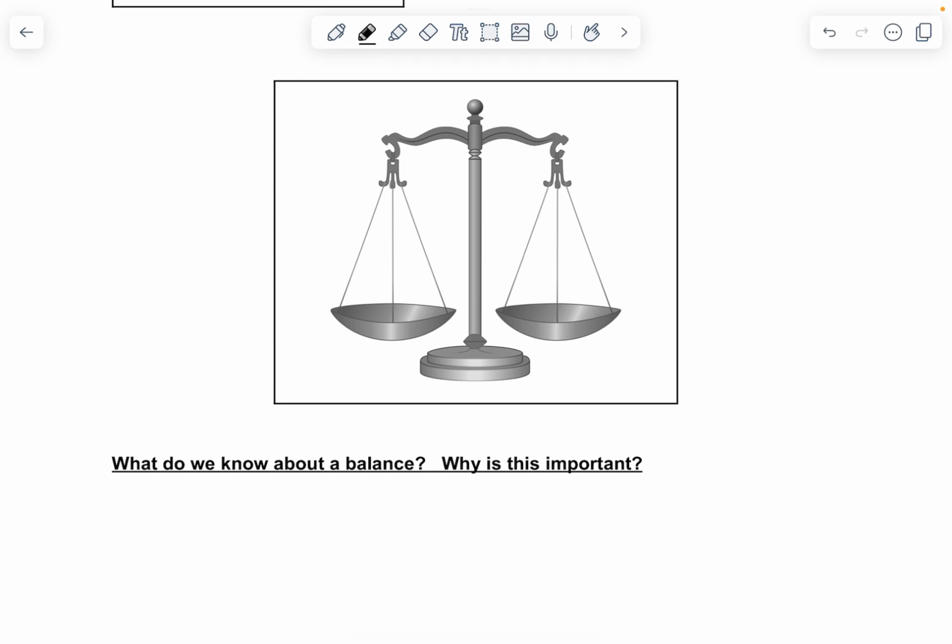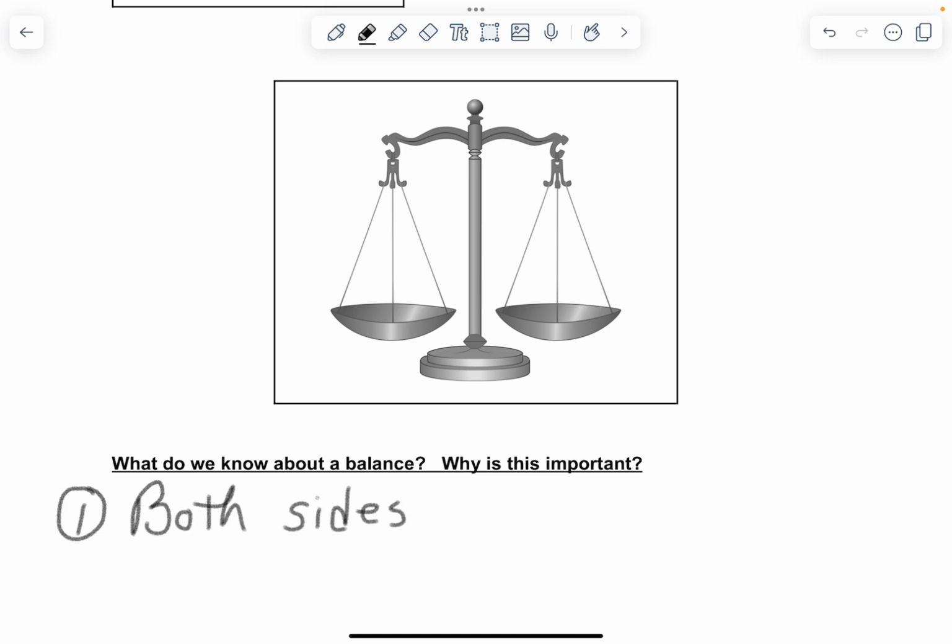What do we know about a balance? Like we discussed yesterday, both sides need to equal each other.